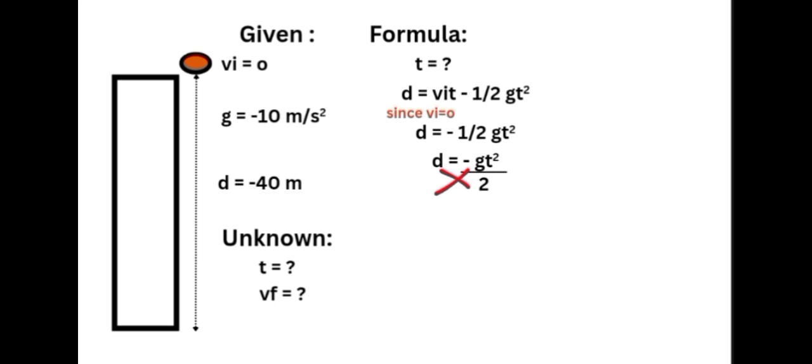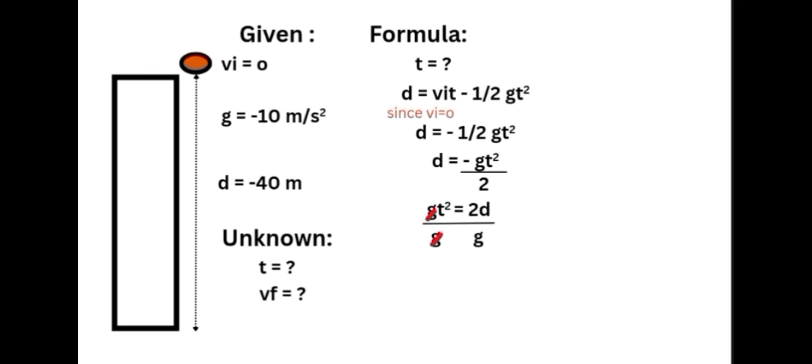By applying this, we now have g t squared equals 2d. And since we're looking for time alone, we have to get rid of g, so we divide both sides by g. So g cancels out.